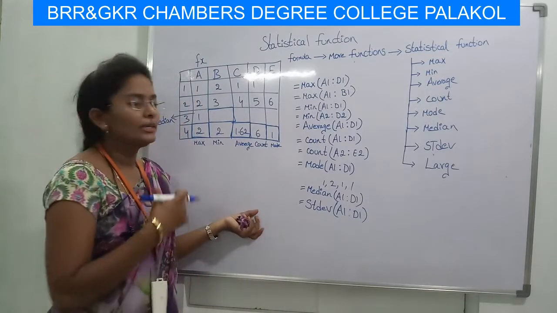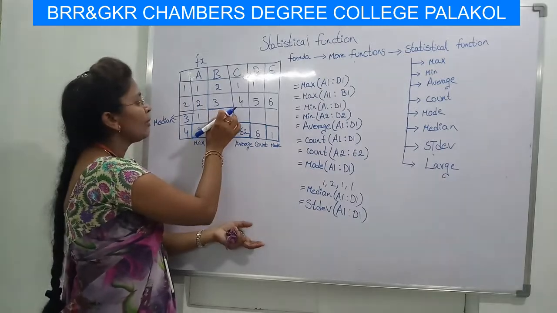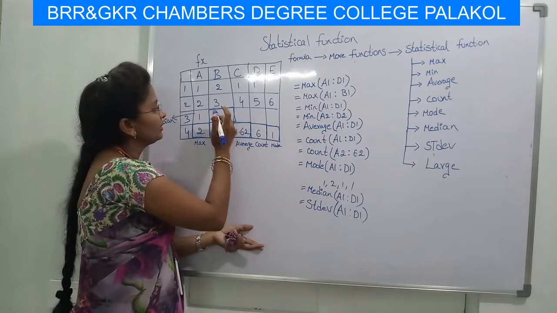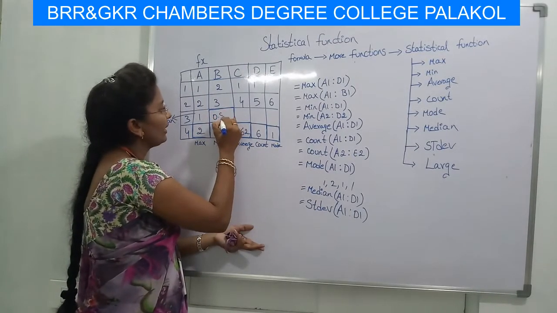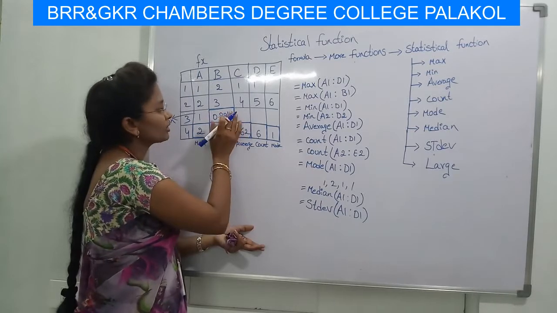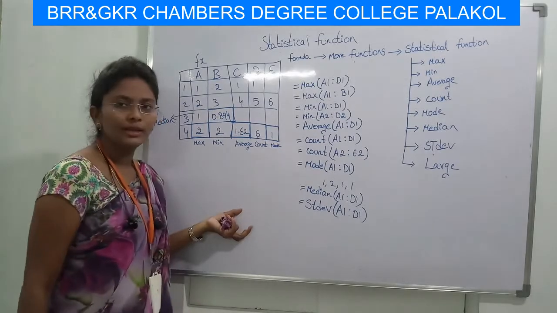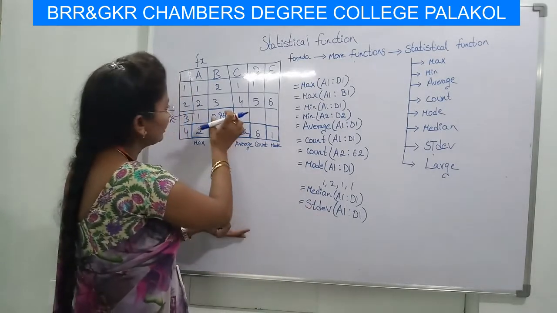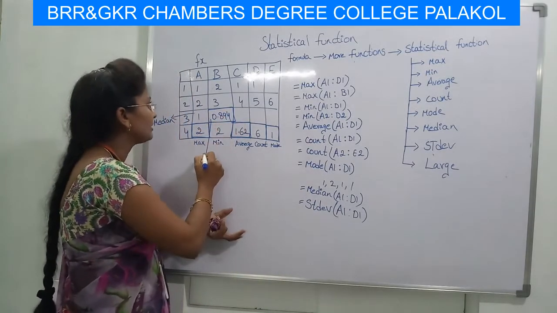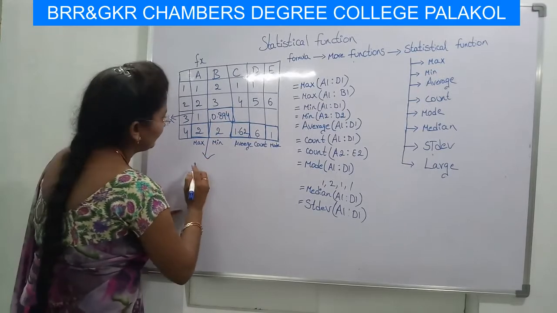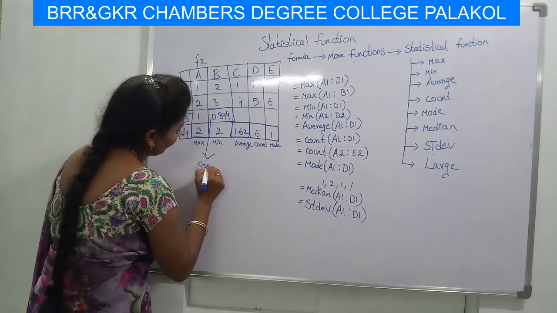Then the result will appear here. The standard deviation result is 0.894, approximately. This is the standard deviation result, in the B3 cell.